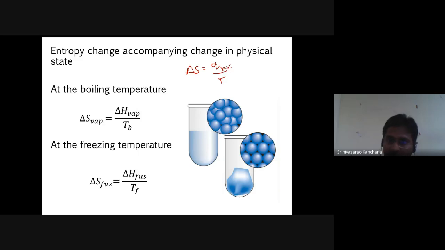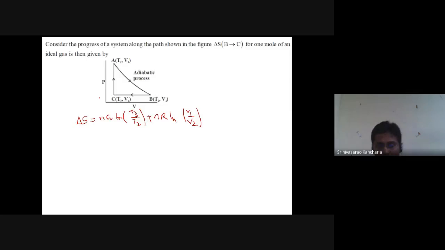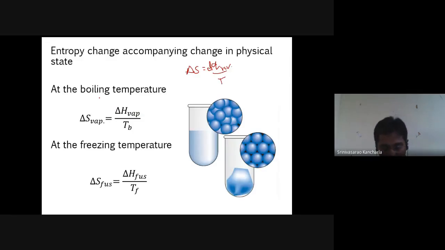So dq upon temperature. When you take your substance to the boiling temperature, it will evaporate, right? The liquid boils to form vapor. That point at which the liquid boils to form vapor is the boiling point.